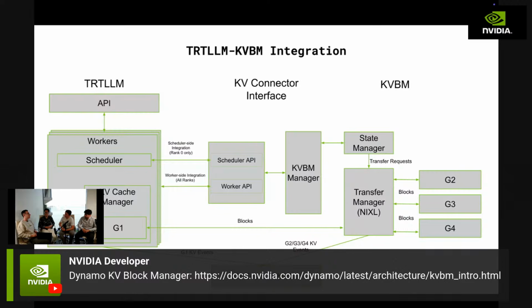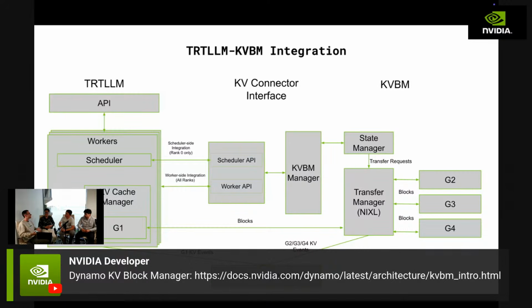For something like disagg, for example, if we were running this connector interface on a decode worker, it would just return the entire length of the sequence, because its external KV store is just the prefill worker. That's the really nice thing about this approach: functionally, transferring blocks from host memory into GPU is equivalent to transferring blocks from a prefill worker to a decode worker.